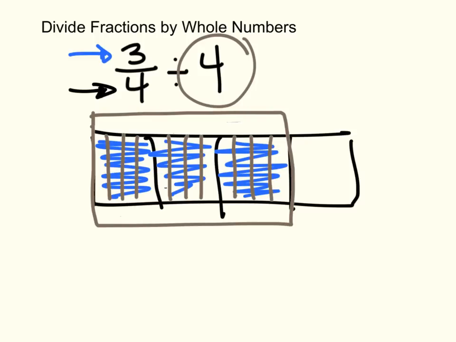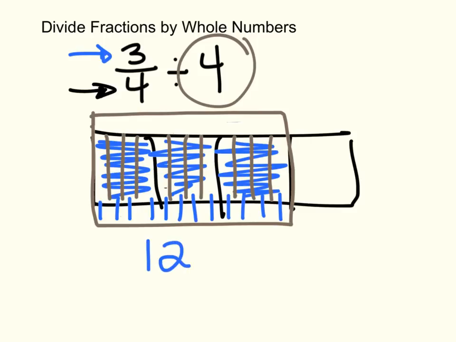So the whole purpose of dividing each of these fourths by 4 is that idea that I'm making sure I'm finding a value that's going to be divisible by 4. And now I can look, how many of these size pieces do I have? 1, 2, 3, 4, 5, 6, 7, 8, 9, 10, 11, 12.